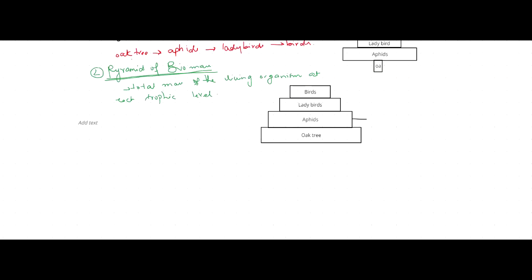Why is it that energy is lost between each trophic level? The reason for that is, let's say that the grasshopper has eaten the grass. The energy it obtains from the grass will be used for metabolism, right? For the chemical reactions in the body.